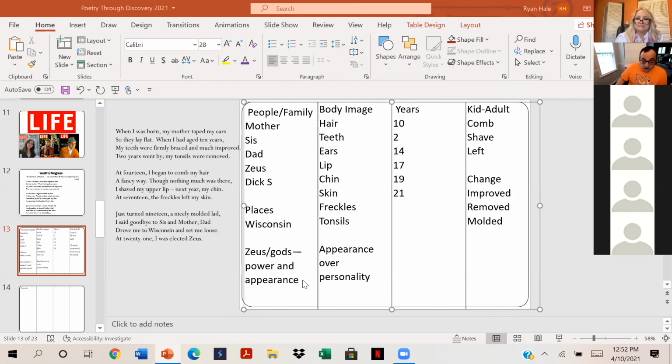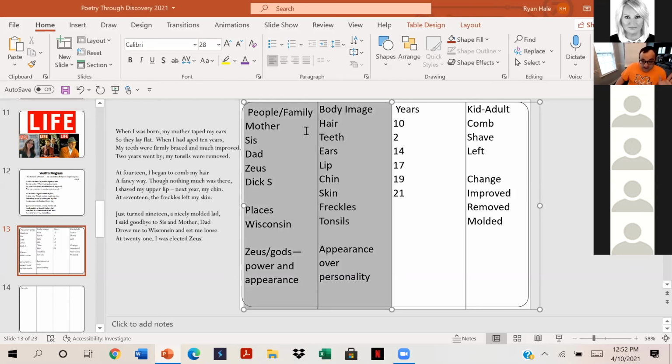You could argue how great this guy is based on his physical appearance, or you could argue how John Updike is saying that this guy is really materialistic or doesn't have much substance. But whatever I'm arguing, I know it's based on textual evidence and support, because it's based on how many words are in the poem.